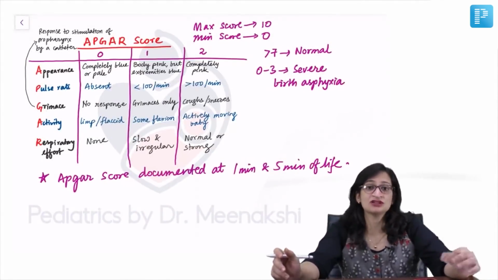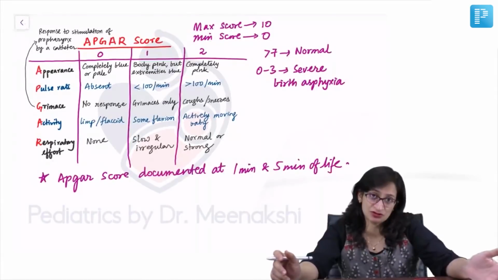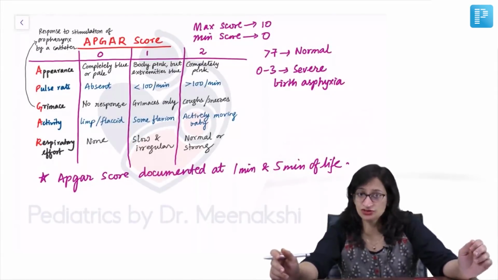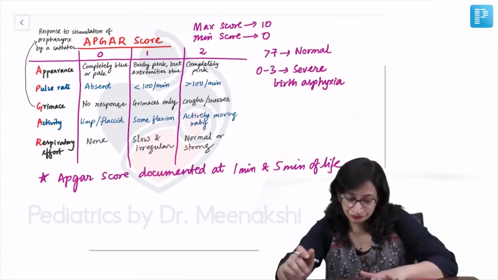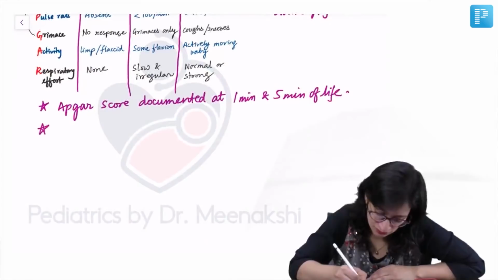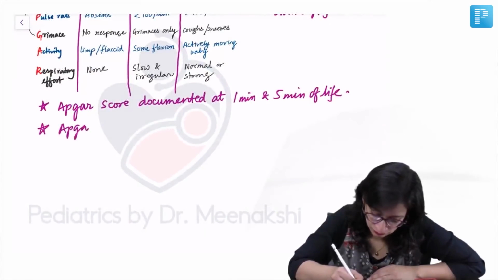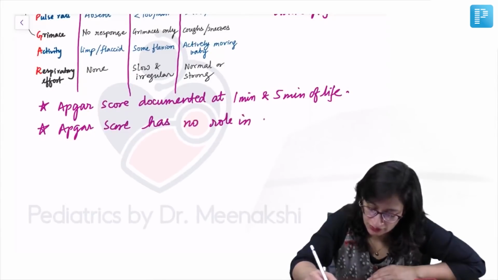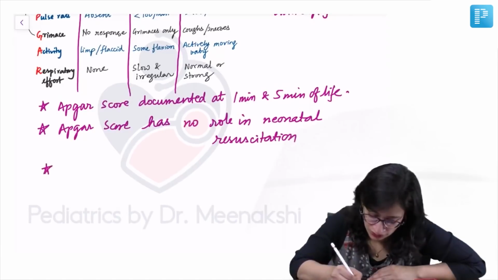It helps in predicting the outcome of the baby, whether the baby will have a normal neurological outcome, or with a score of 0 to 3, a poor neurological outcome and so on. Okay. So the Apgar score has no role in neonatal resuscitation per se, but it has prognostic importance.